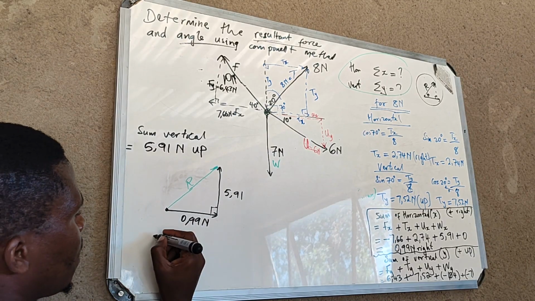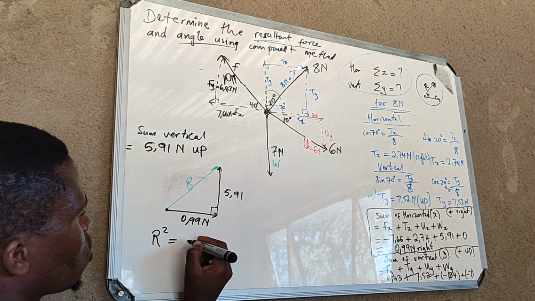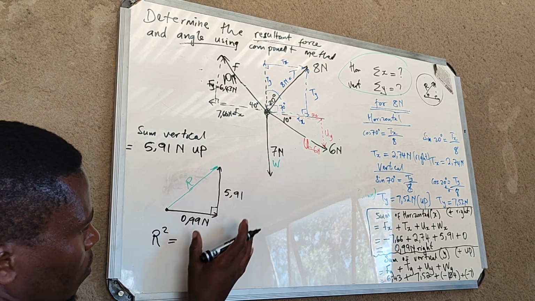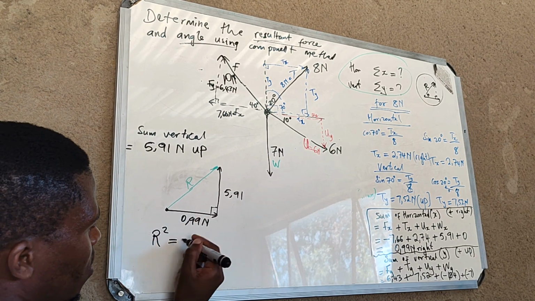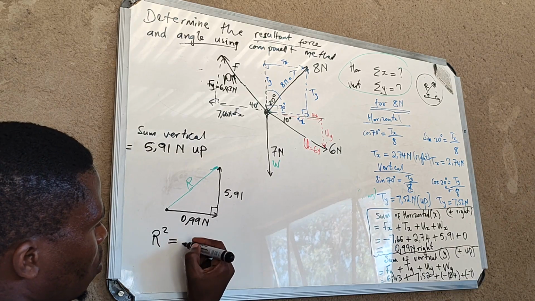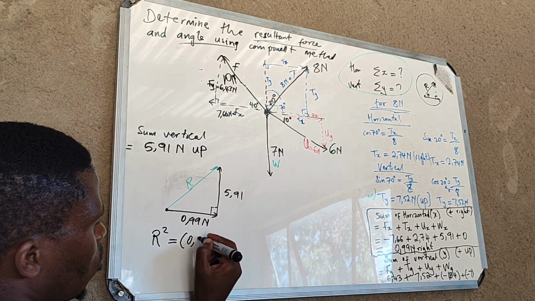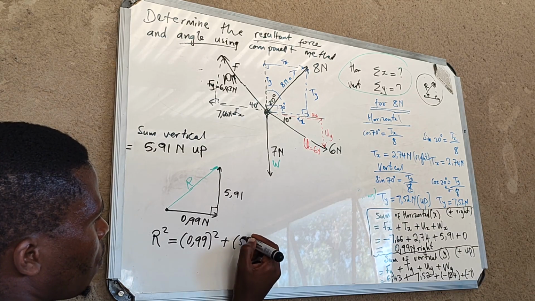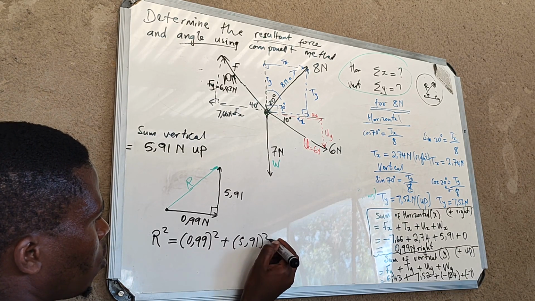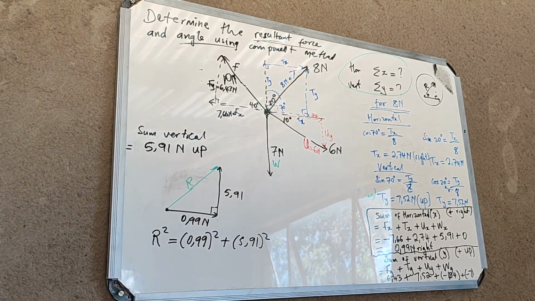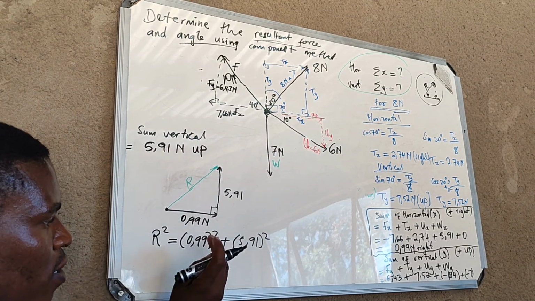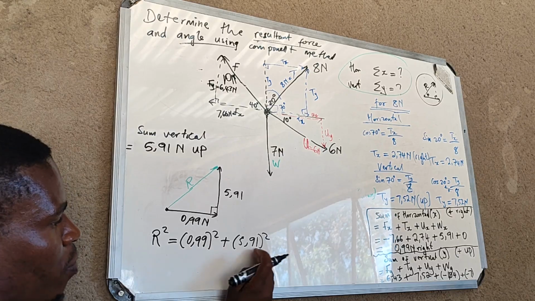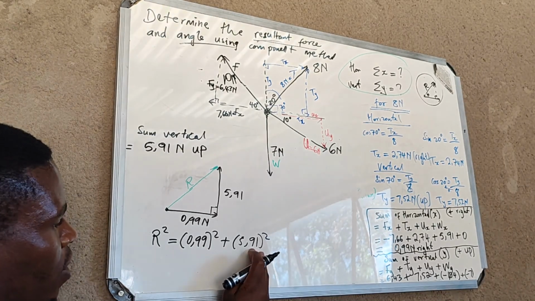So it will be r squared equals to 0,99 squared plus 5,91 all squared. Unless you give them the names, you can put the names and then you do that again. But this is R for resultant, horizontal squared plus vertical squared.